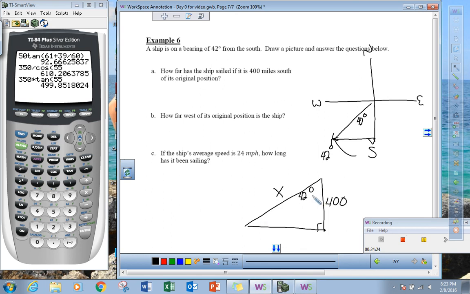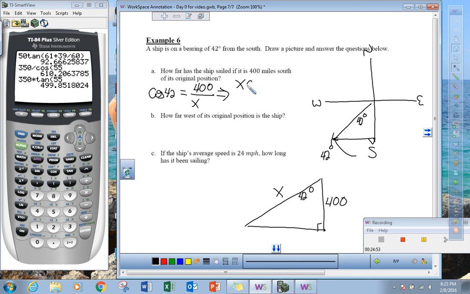So from this angle, looks like I'm working with the hypotenuse and the adjacent. So that's the cosine. So I've got cosine of 42 equal 400 over x. X will not be by itself when I cross multiply.